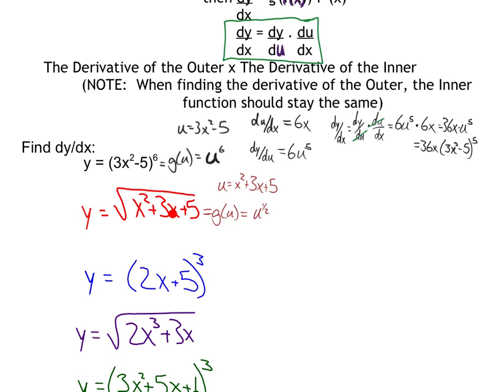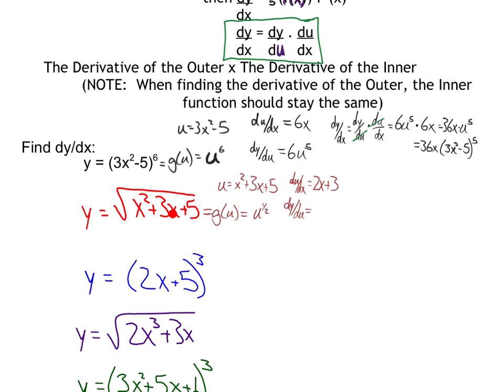So now I need to figure these out. du dx is what? 2x plus 3. Very good. The derivative of x squared is 2x, the derivative of 3x is 3, the derivative of 5 is 0.